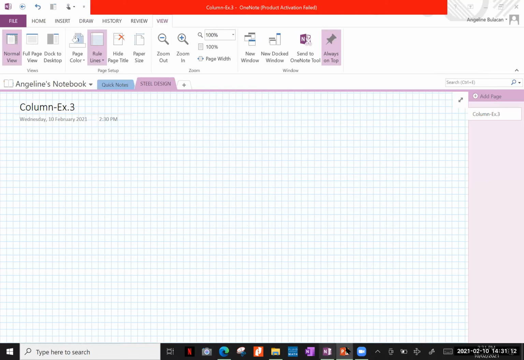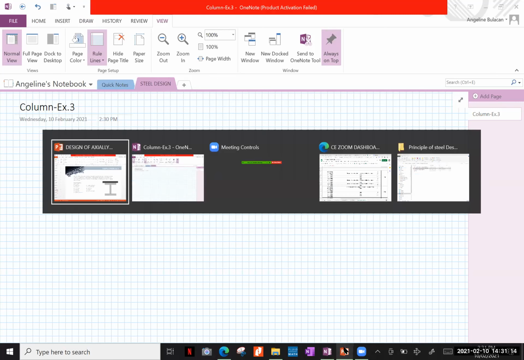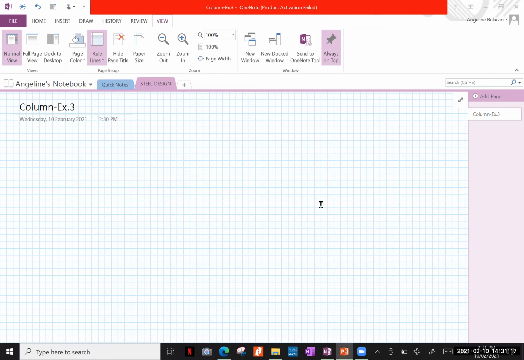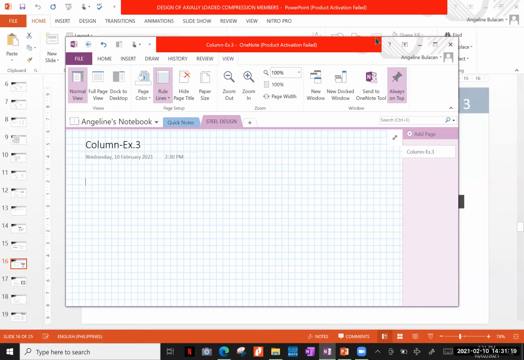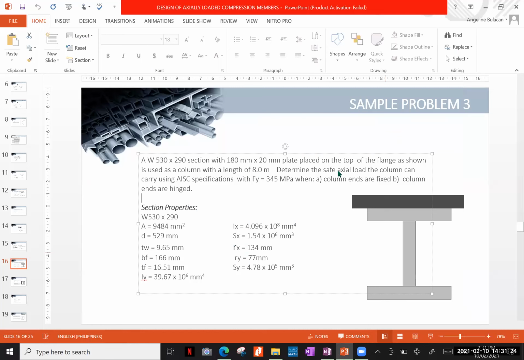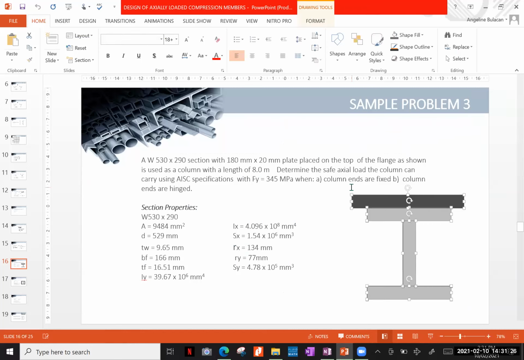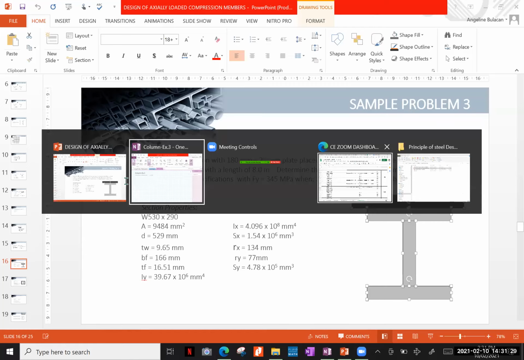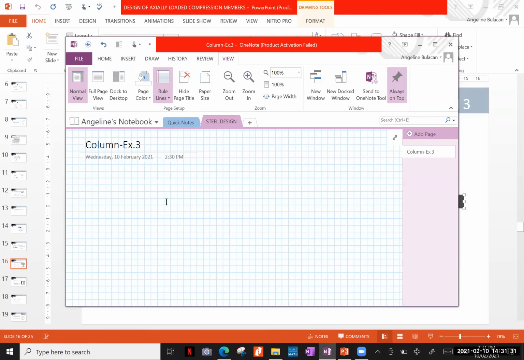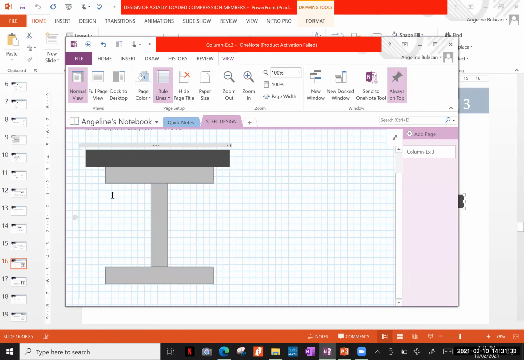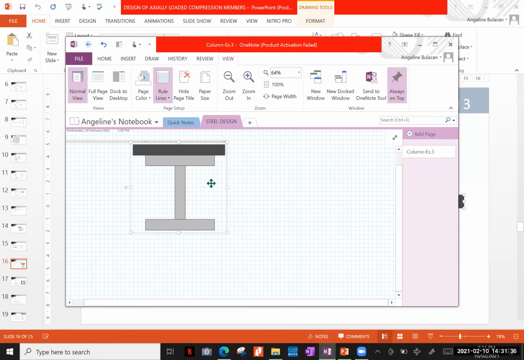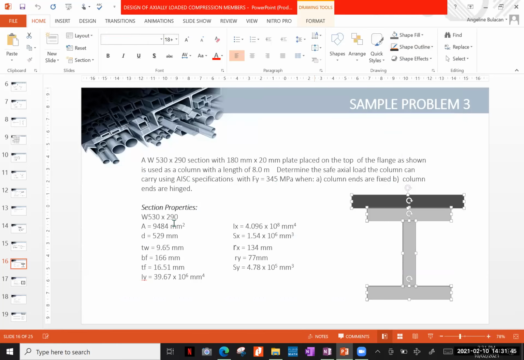And then we have, going to copy the problem. And then I'm going to copy the section properties.